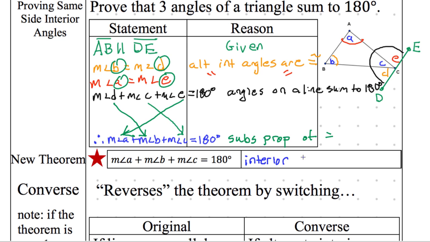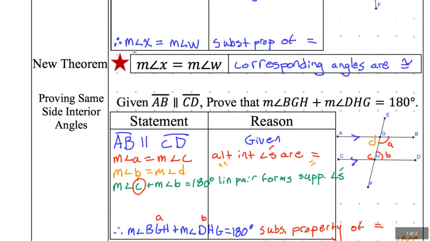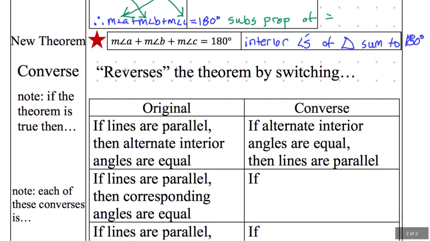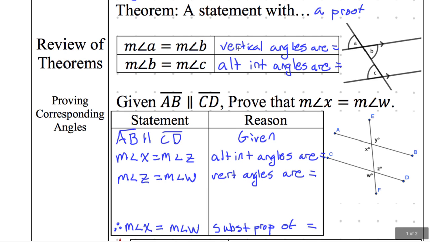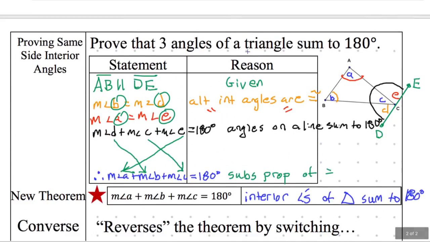Interior angles of a triangle sum to 180 degrees. Every single one of these stars that we've written down is key for future lessons. So if you're trying to refer back to your notes, immediately look at the star. And of course, these were our old stars. We know that vertical angles and alternate interior angles are already given to us.